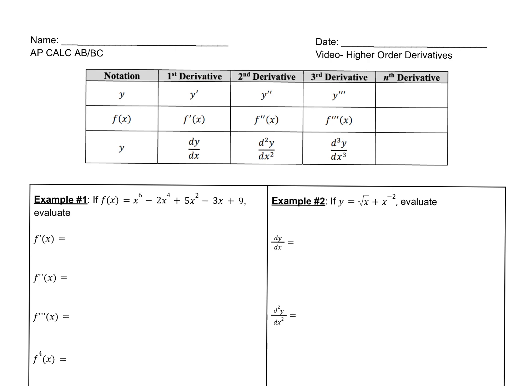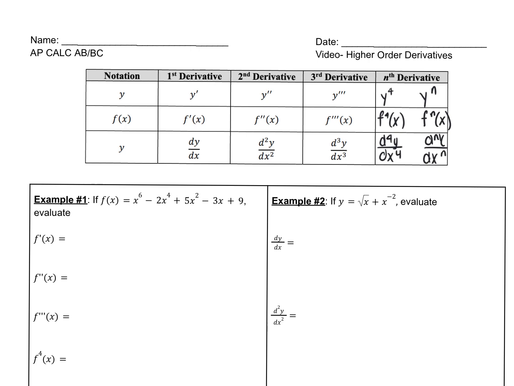So if I had, like, say, the fourth derivative, it would be y4, or f4 of x, or d4y over dx4. So if I have an nth derivative, meaning 4 or higher, it's just y to the nth, fn of x, and dny over dxn. So that's just textbook definition.